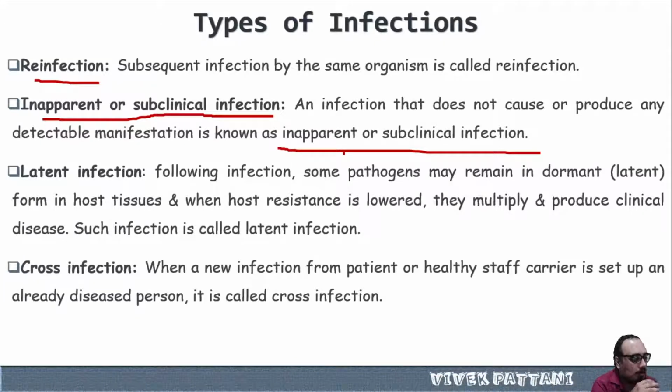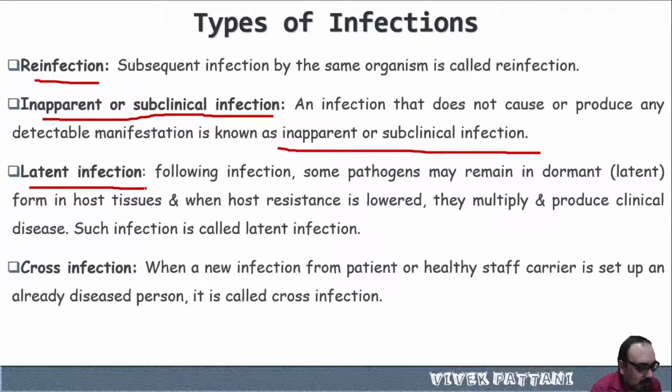For example, Gautam Mehta is having an infection, but the signs cannot be easily identified, and the symptoms are also not identified by Gautam himself. In that case, the word inapparent or subclinical infection is used.